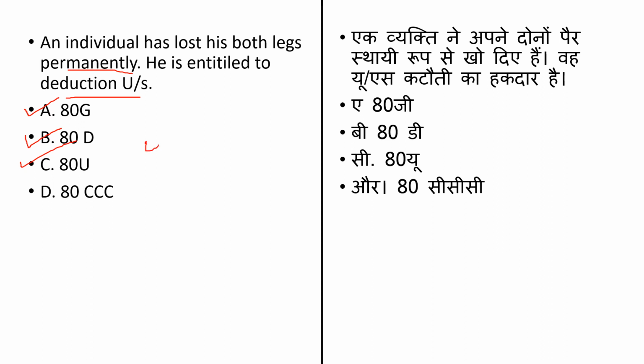Please remember the 40% disability, as specified by law. There are different criteria and a specified set of procedures for claiming this deduction under Section 80U. A taxpayer who has less than 80% disability gets a deduction of 75,000. Please remember, less than 80% disability gets 75,000.